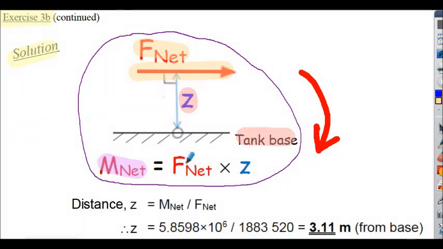Net moment is equal to the net force multiplied by the perpendicular distance from the line of action of the force about the tank base. Rearranging, distance z is the net moment divided by the net force. So we can calculate z as shown here, distance from the base.